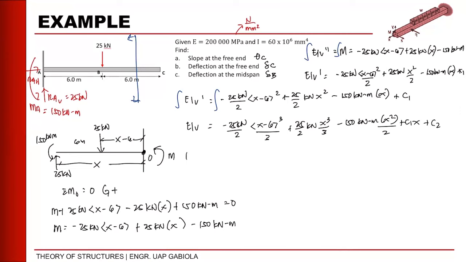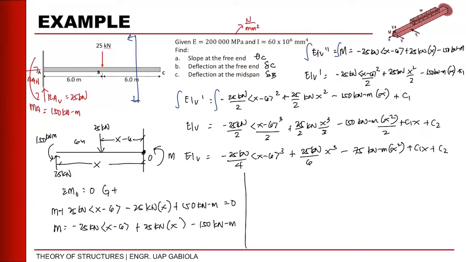So simplify lang natin. EI v equals negative 25 kN over 4 (x minus 6) cubed plus 25 kN over 6 x cubed minus 75 kN·m x squared plus C1 x plus C2. So yun yung ating deflection equation.